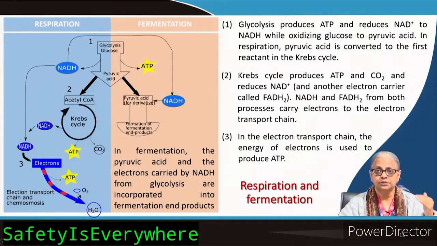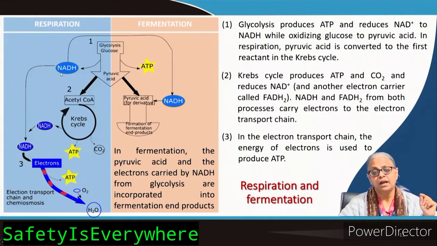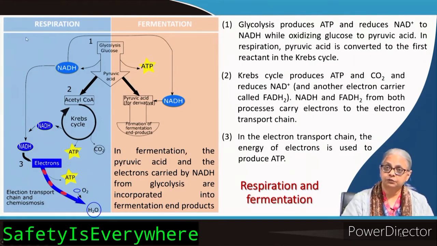So this process of converting glucose from C6 to C3 is called glycolysis, and in this process ATP as well as NADH is being generated. Now at the point at which pyruvic acid is generated, there are two choices that the organism can make depending on the availability of electron acceptors. So you have pyruvic acid.